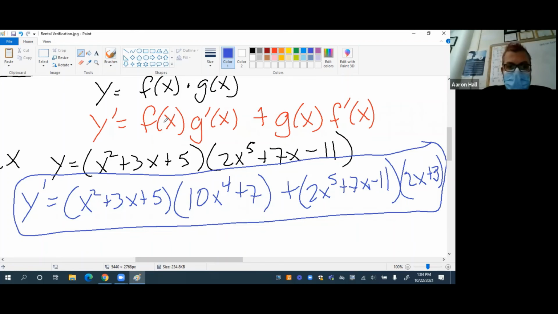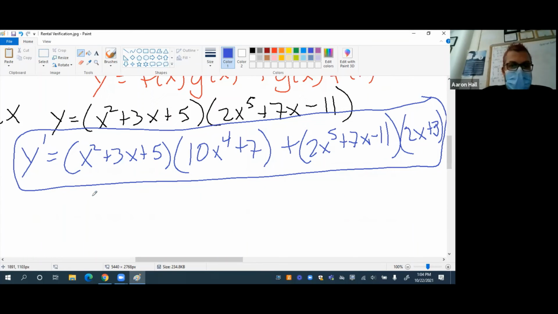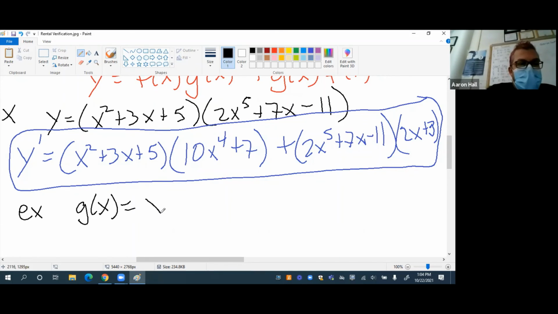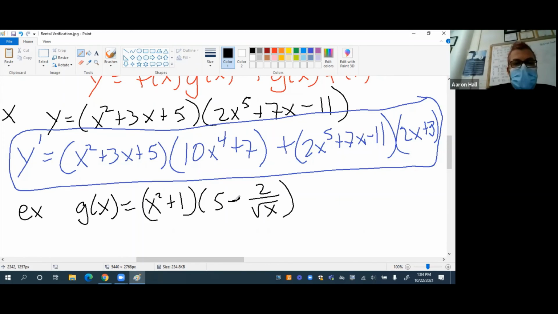Another one. Here's my next example. g of x equals x squared plus 1 times 5 minus 2 over the square root of x. I'm going to give you a little bit of think time. What's this rule called?